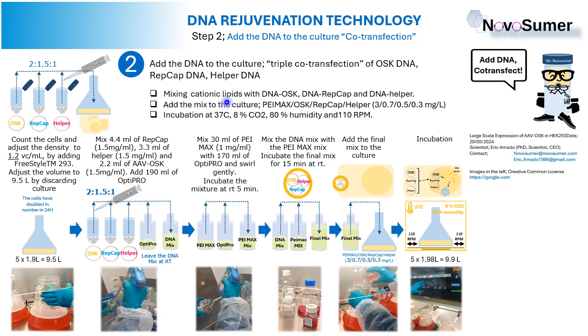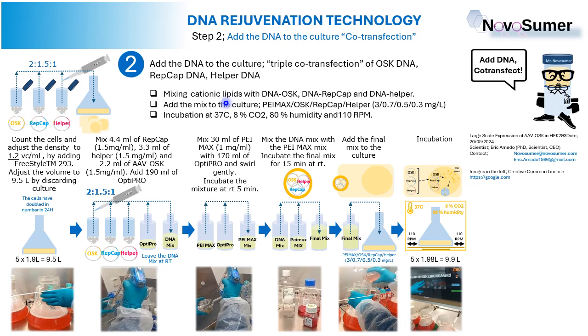I have to mention that the DNA is negatively charged because of the phosphates, and we add a detergent. The detergent will dissolve the DNA, will encapsulate the DNA, and this detergent is positively charged.